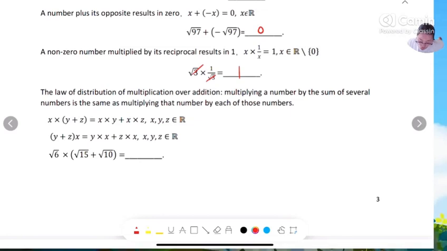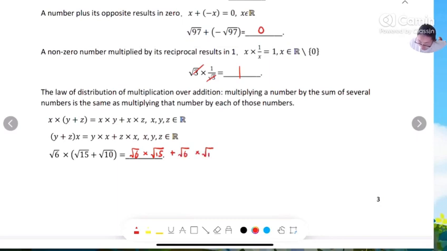The law of distribution of multiplication over addition. Multiplying a number by the sum of several numbers is the same as multiplying that number by each of those numbers. So the square root of 6 times the bracket of the square root of 15 plus the square root of 10 is equal to the square root of 6 times the square root of 15 plus the square root of 6 times the square root of 10.